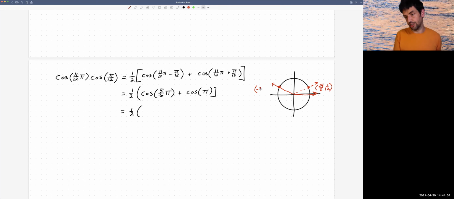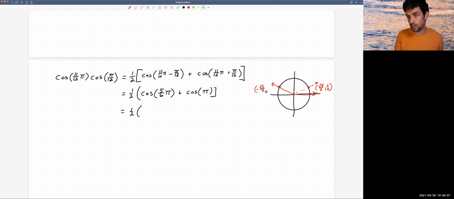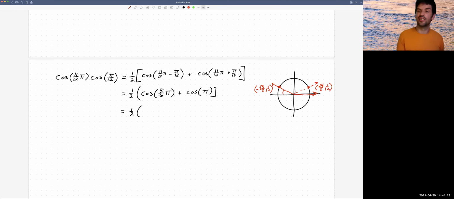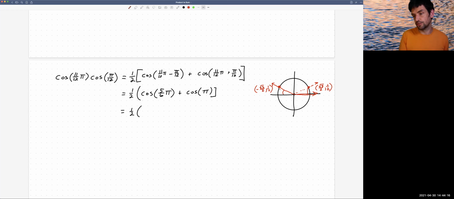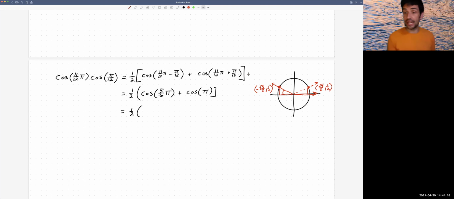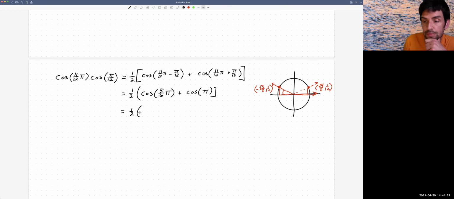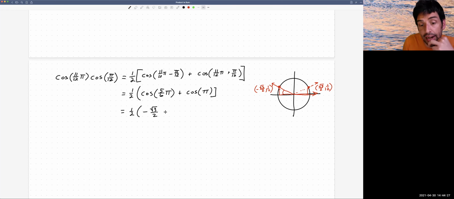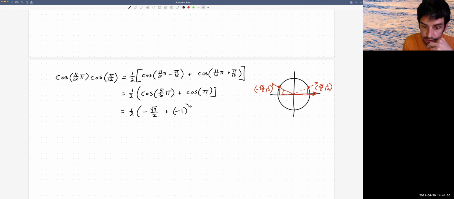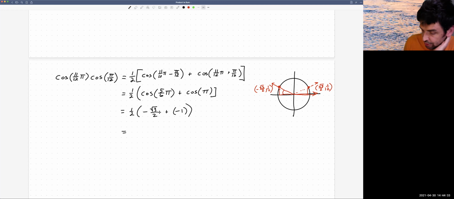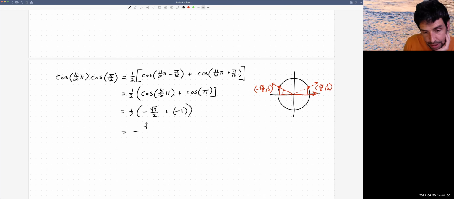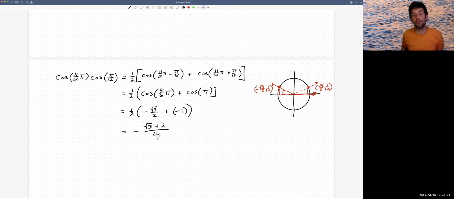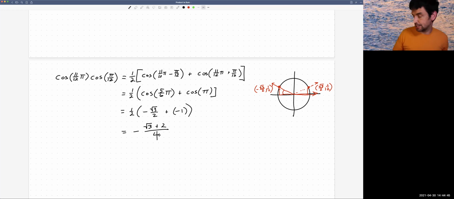This one's just in the other direction, negative √3 over 2, 1/2. By symmetry, there's a pi over 6 sitting there. Or you can think of these little triangles being the same. In any event, that gives me the cosine of 5/6 pi as negative √3 over 2. And then cosine of pi gives me plus -1. And if we do a little bit of algebra, there are a lot of different ways we could write this down. I ended up with negative √3 plus 2, over 4.